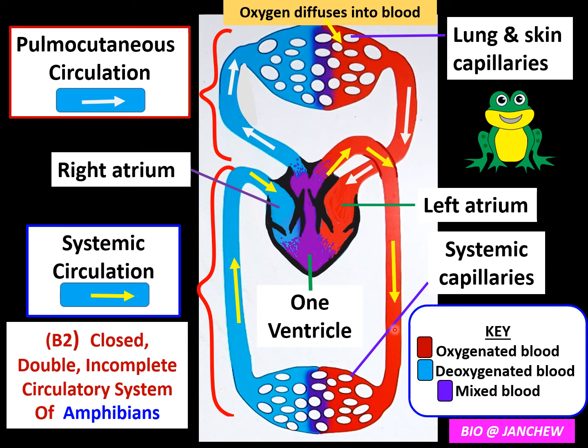Then the flow of blood will be faster, and the cells will receive more oxygen, and cellular respiration will be faster. More energy will be produced for the activities of the organism. So the closed double circulatory system causes the organism to have higher blood pressure and faster flow of blood, and faster transport of oxygen and nutrients to the cells. So it's better compared to the closed single circulatory system found in the fish, which has lower blood pressure.